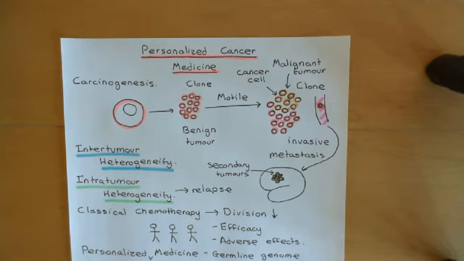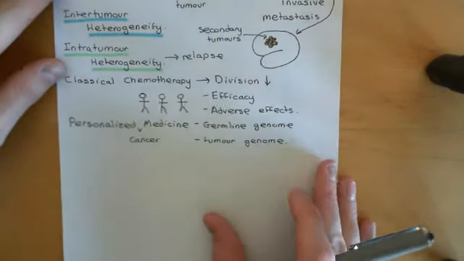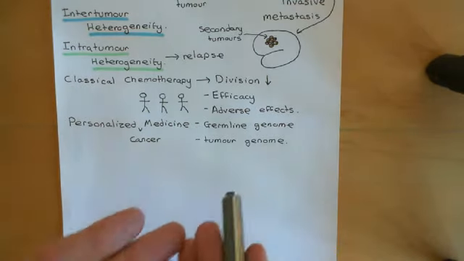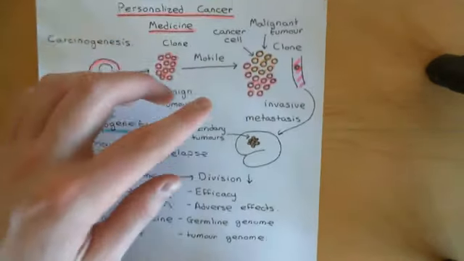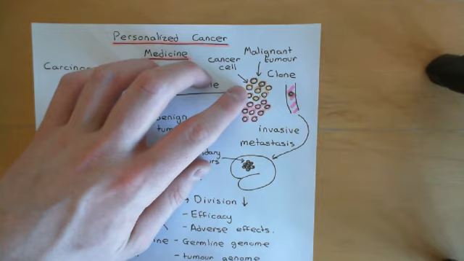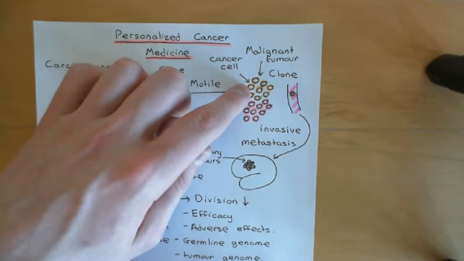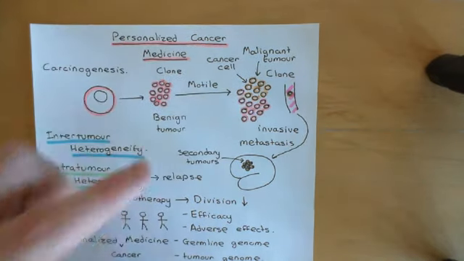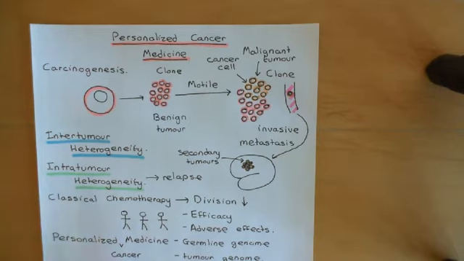So the germline genome basically means the genome that you had when your father's sperm fertilized your mother's egg, that genome that was in that original zygote there. Whereas the tumour genome means what genome do the cancer cells actually have. So if we look at the cancer genome, what's its structure?